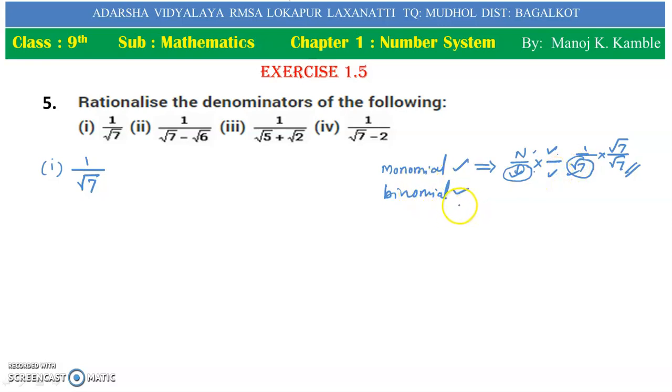If a binomial is present, as in the second question, first clarify this point: 1 divided by square root of 7 minus square root of 6. If this type of binomial is present in the denominator, then for rationalizing we multiply both numerator and denominator by the same binomial with the opposite sign in between.